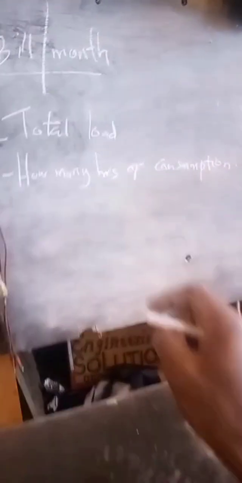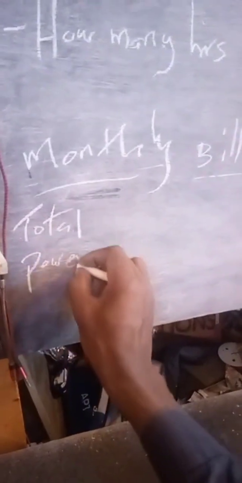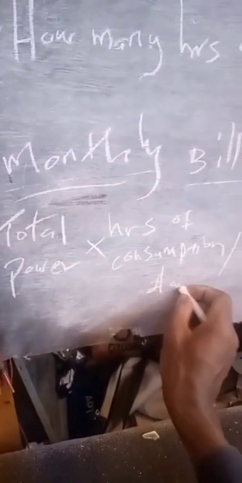So if you have the total load and the number of hours of consumption per day, to get your monthly bill you can calculate the total power times hours of consumption per day, or in 24 hours, then times 30 days.